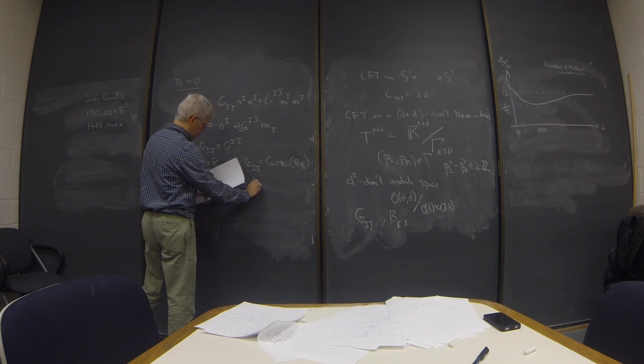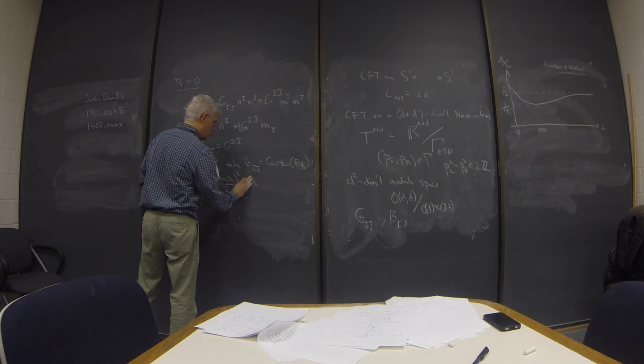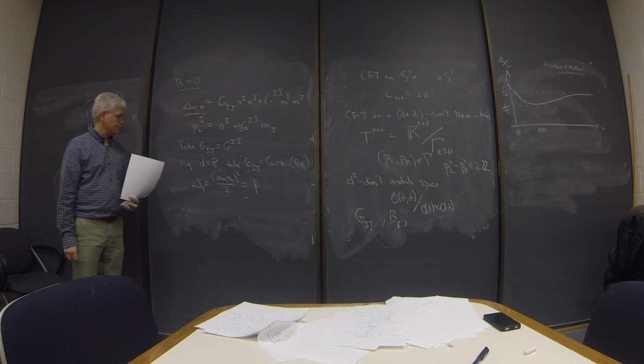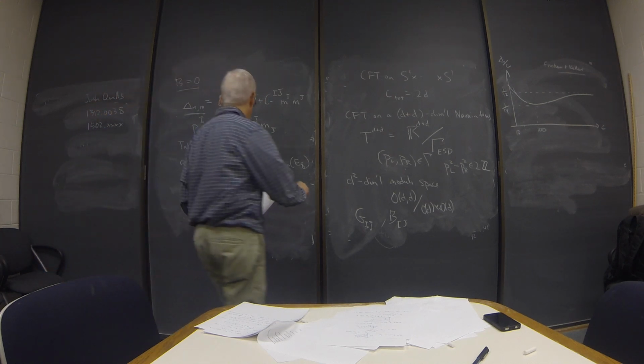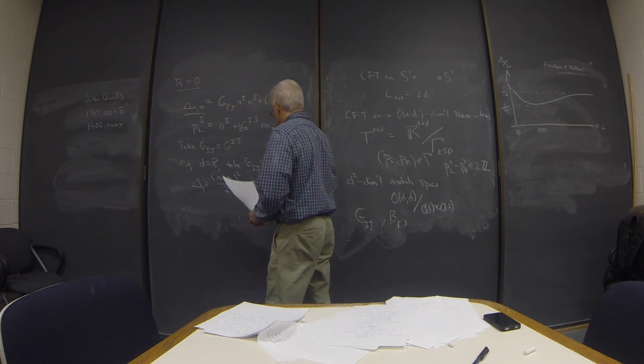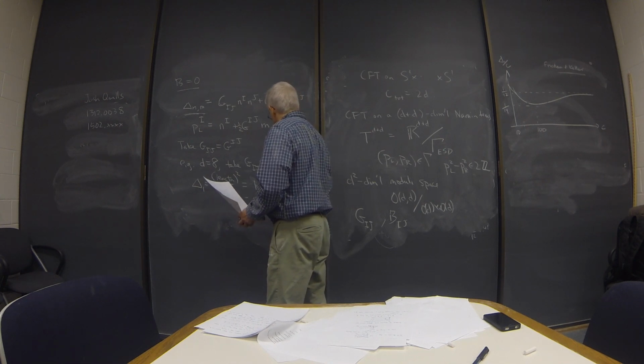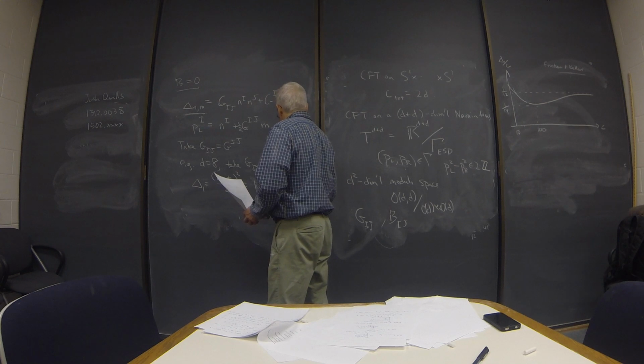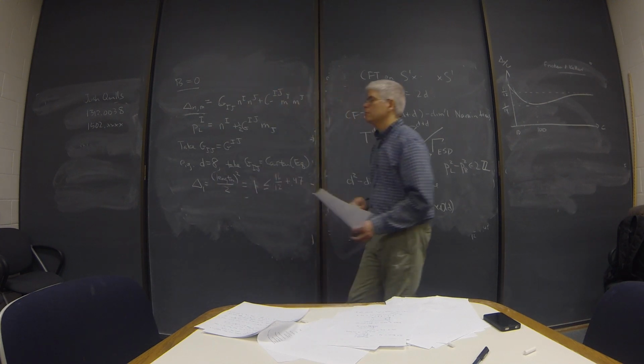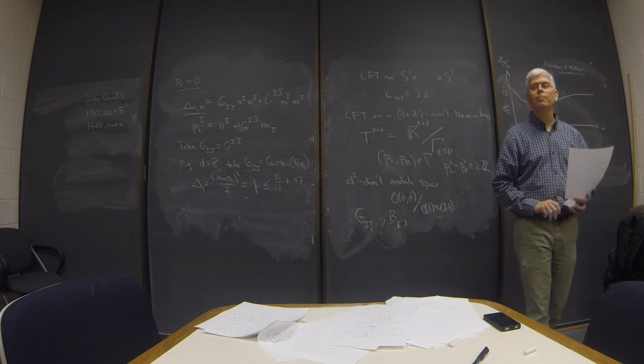I'm sorry, length squared is 2. So delta 1 is 1. And Hellerman's bound would give you, in this case, C total is 8 plus 8, which is 16, over 12 plus 0.47. It's about 1.8. So Hellerman's bound is satisfied.